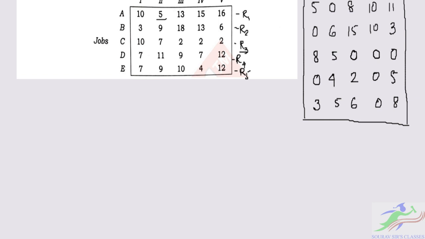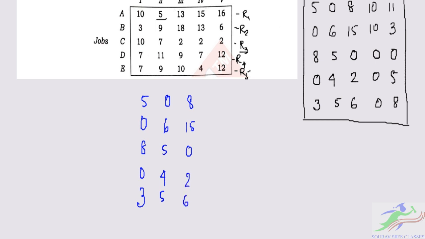For the first column the minimum is 0, so we do the same thing. It will be 5, 0, 8, 0, 3. Next it is 0, 6, 5, 4, 5. Next we have 8, 15, 0, 2, 6.